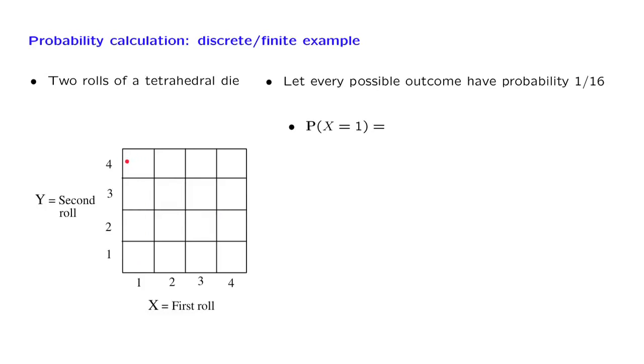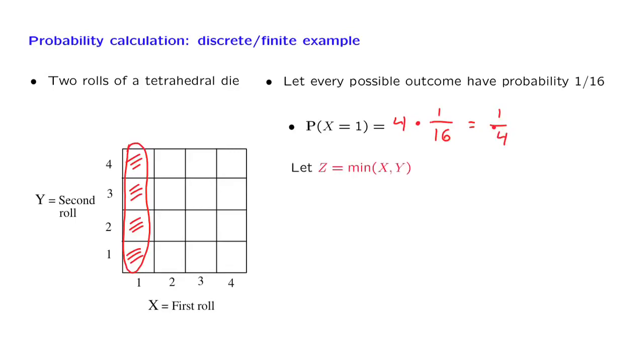The event that x is equal to 1 can happen in 4 different ways that correspond to these 4 particular outcomes. Each one of these outcomes has a probability of 1 over 16. The probability of this event is the sum of the probabilities of the outcomes that it contains, so it is 4 times 1 over 16, equal to 1/4.